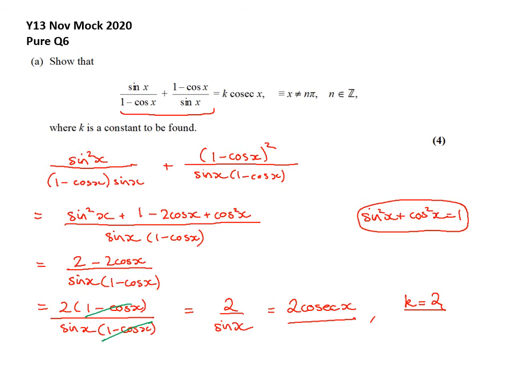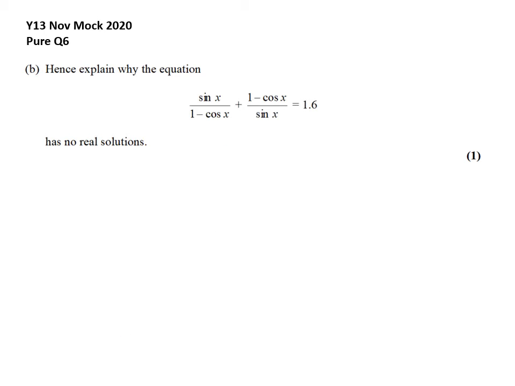So moving on. Hence explain why this equation has no real solutions. First thing to do, check that this left hand side is exactly what was written in part A. Sometimes it is changed slightly, so you need to amend what was in part A. So from there we can say, well, this would be 2 cosec x, that's what we've just proven, is 1.6.